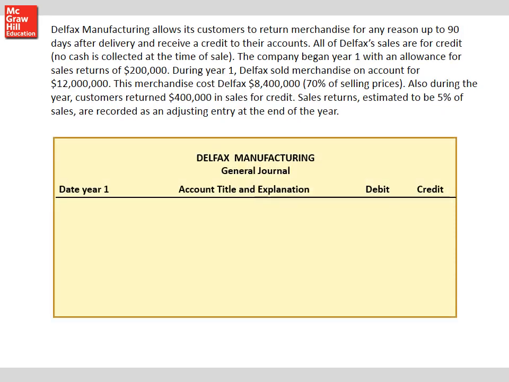So, the first significant journal entry will be recorded on December 31st for the actual returns made during the year. Sales returns debited for $400,000, accounts receivable credited for $400,000.